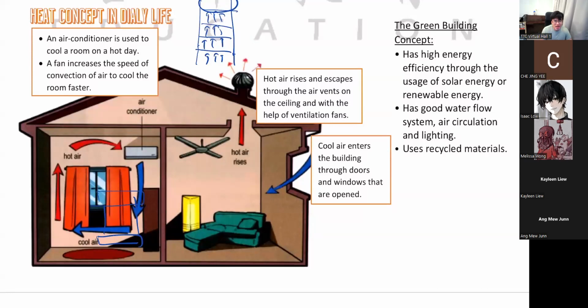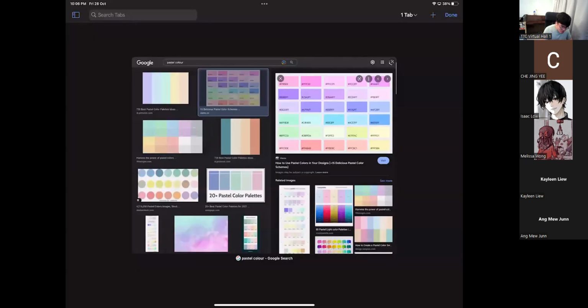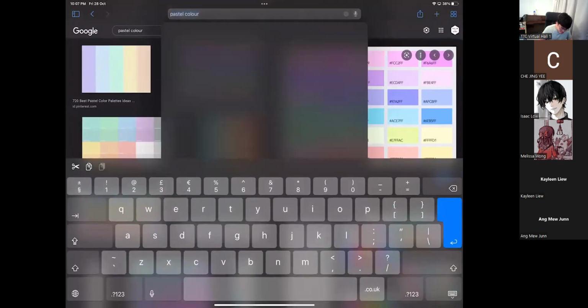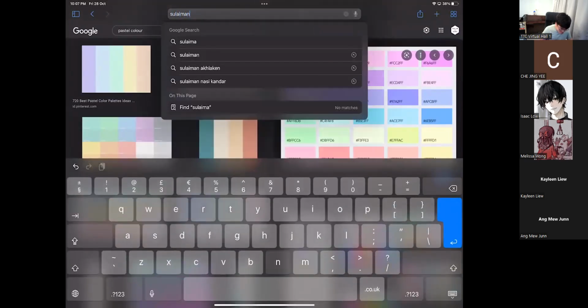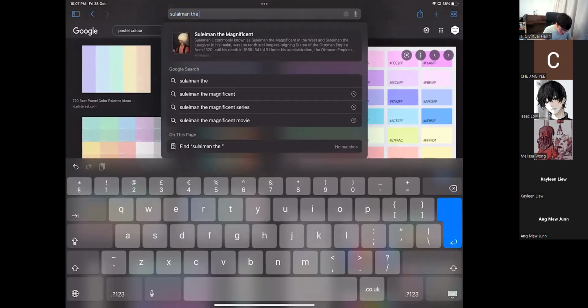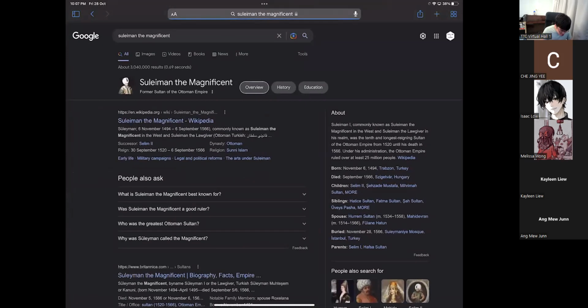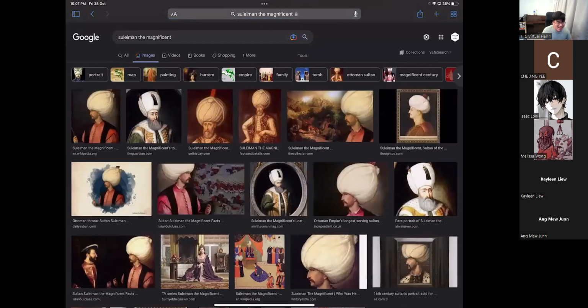An Empire hat, huh? What's that? The onion hat. You mean this guy? Suleiman the Great. Suleiman the Magnificent. Hey, he looks like that too. Nice catch. He's a very good Sultan, you know.